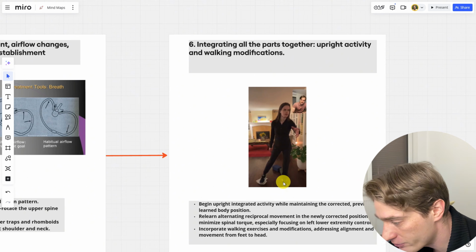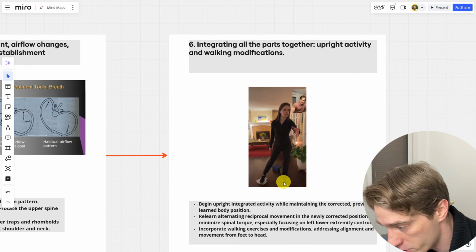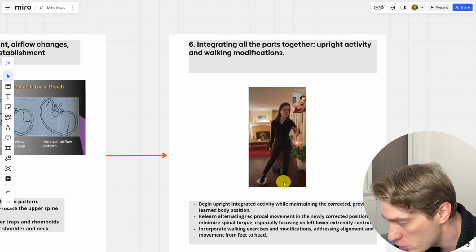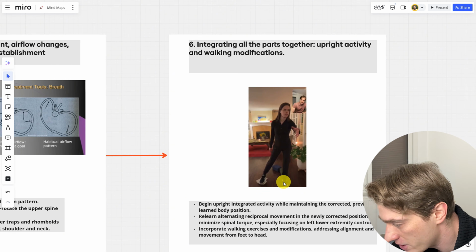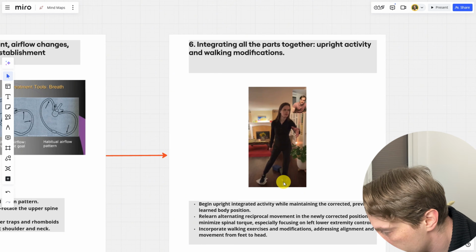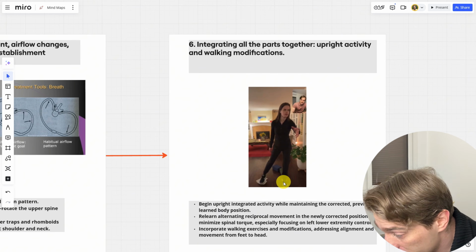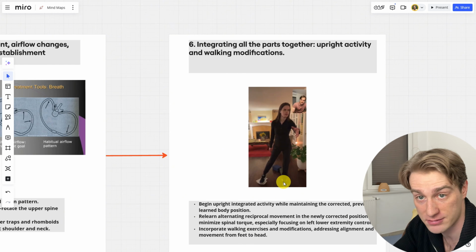So being upright integration activity while maintaining the correct previously learned body positions. Relearn alternating reciprocal movement in newly corrected position to minimize spine torque, especially focusing on the left lower extremity control. Incorporating walking exercises and modification addressing the alignment and movement from feet to head.